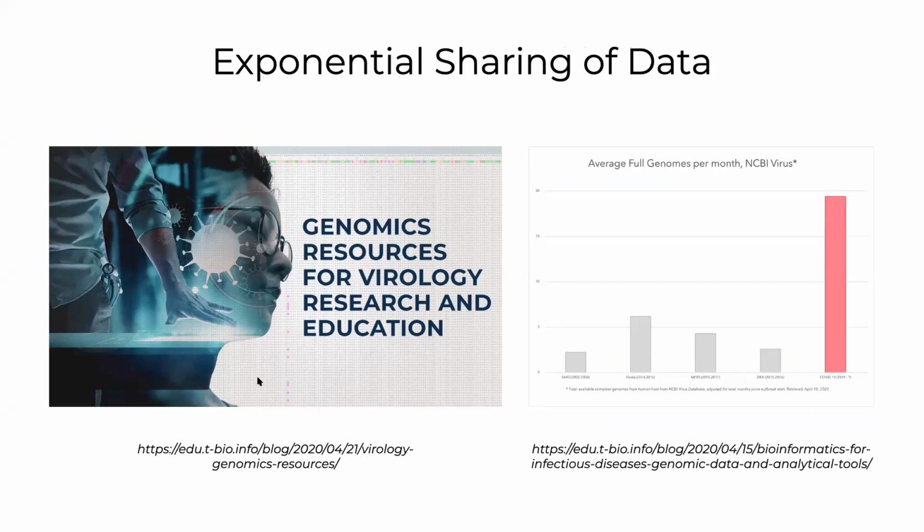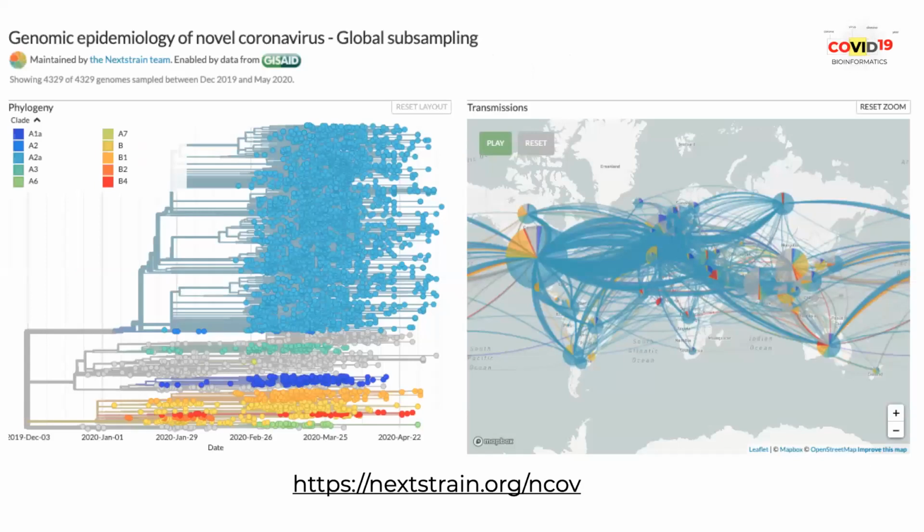Okay. What type of information is available as we start looking at all of these publicly available genomes? We can start analyzing this data to understand differences between different genomes as they spread across the globe or within a country, for example. And an excellent way to look at it visually is to go to this link.